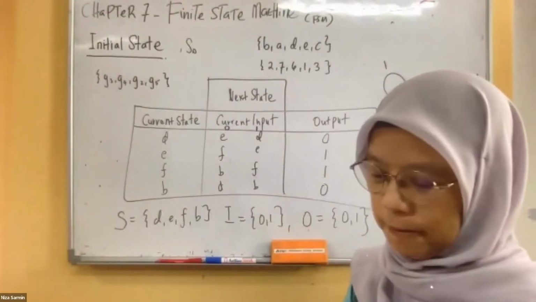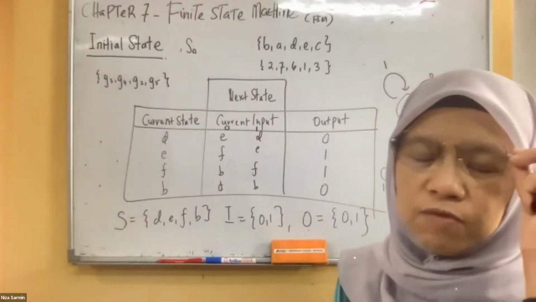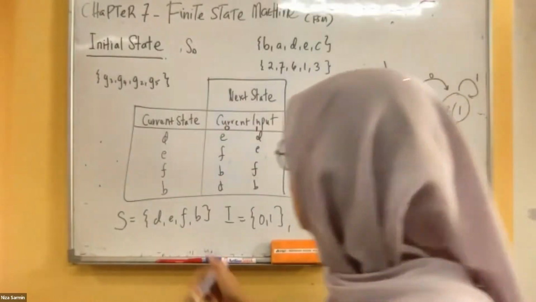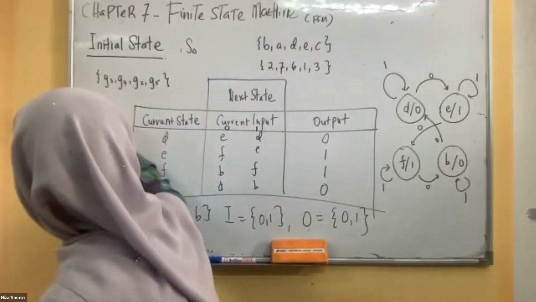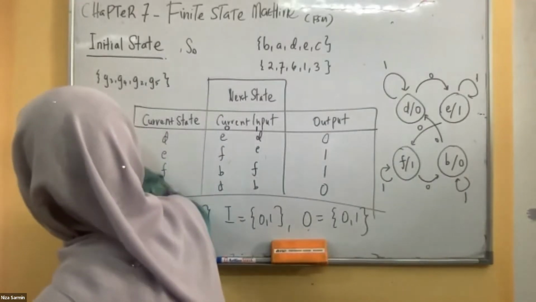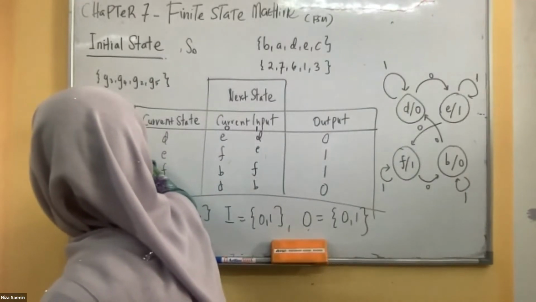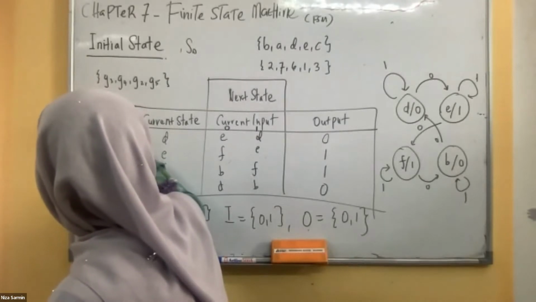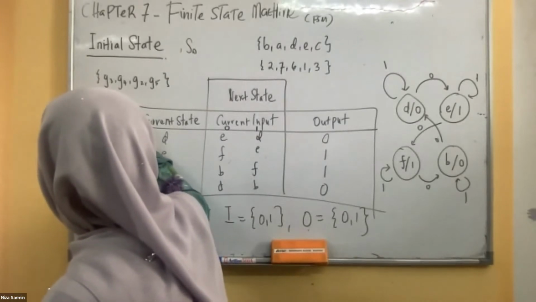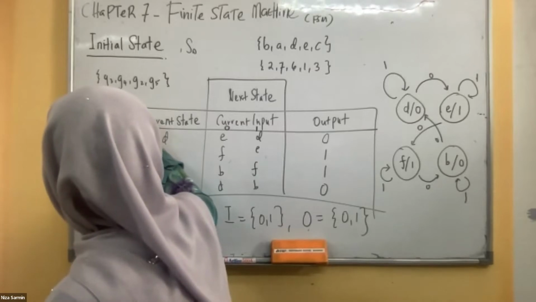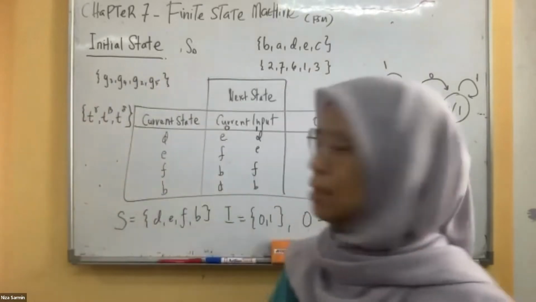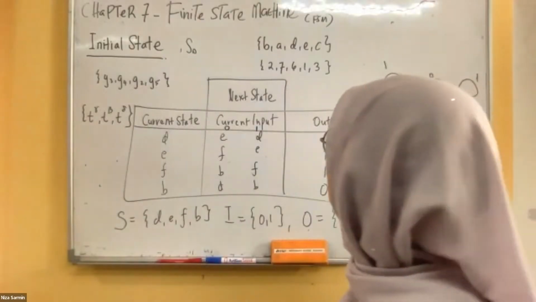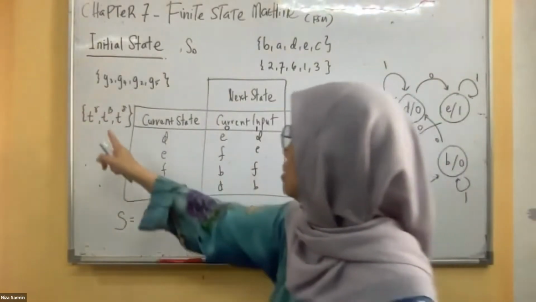Normally you will be given letters. What if you are given something not the normal one? This is not really normal. What is the initial state?